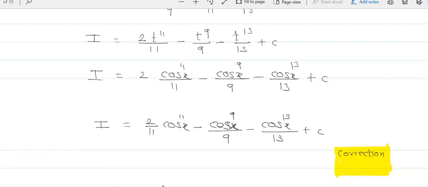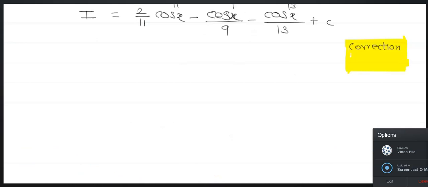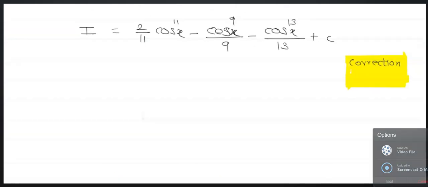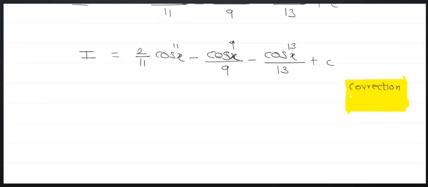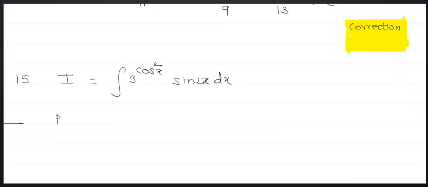Now the next question, that is question number 15. I is equal to the integral of 3 raised to cos square x into sin of 2x dx. Very simple example.